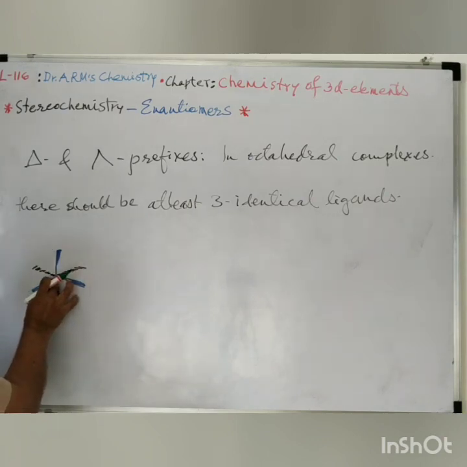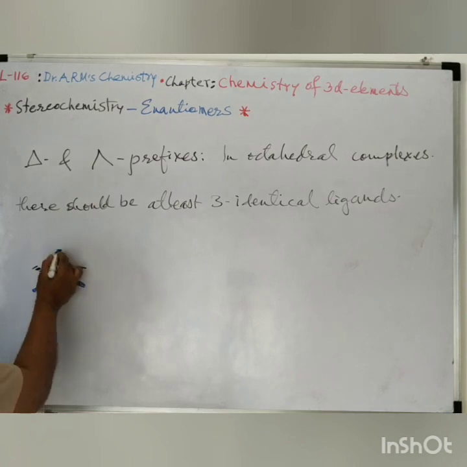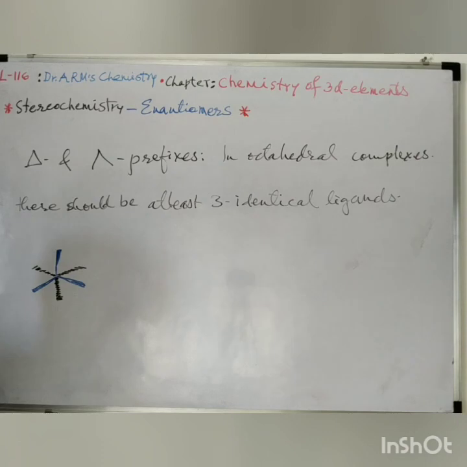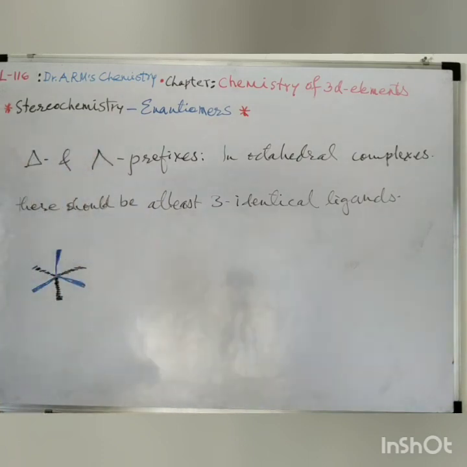But we are viewing this molecular structure in this direction. So this has say 1, 2, 3, then 4, 5, 6. 6 coordinate points of attachments, and center is the metal.